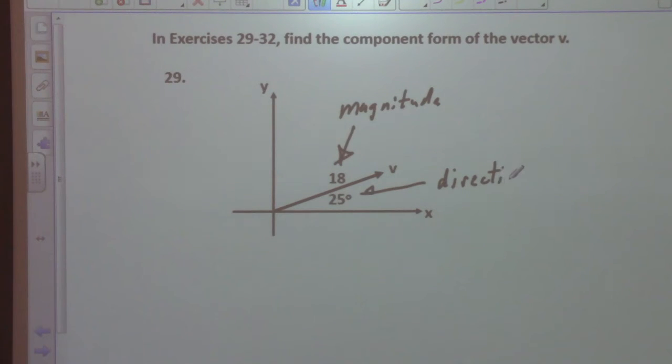So how do you find the component form of this vector? It goes back to when I started talking about vectors, remember that one day I lectured about vectors? We saw the little video clip of Vector from Despicable Me. So what's going to be vector v in component form? How would you do that?